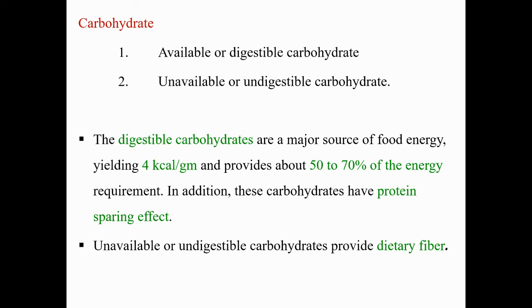If some carbohydrates are undigested or unavailable, they cannot be absorbed, because they will not be catalyzed by the enzymes. So carbohydrates are classified into available or unavailable carbohydrates, or digestible or undigestible carbohydrates. Carbohydrates are cleaved by the enzymes into smaller molecules like monosaccharides and disaccharides, and then absorbed.